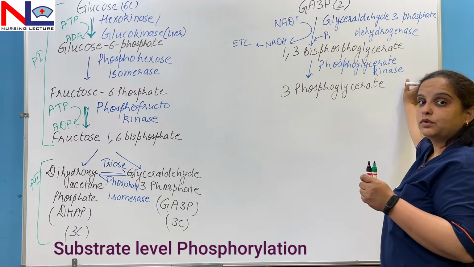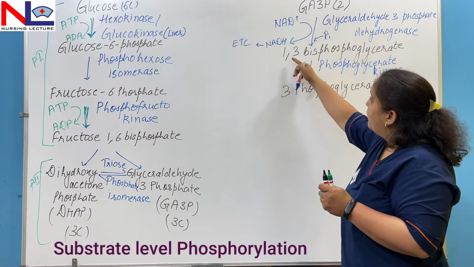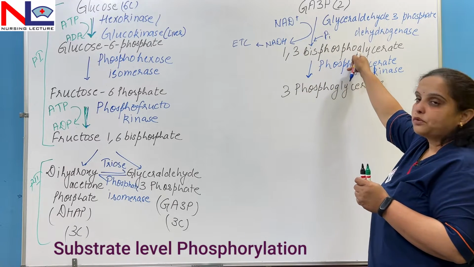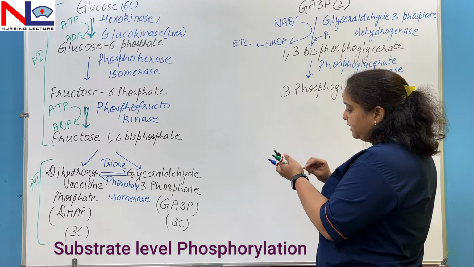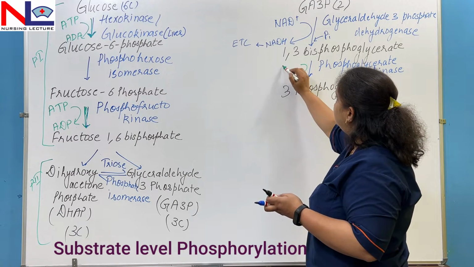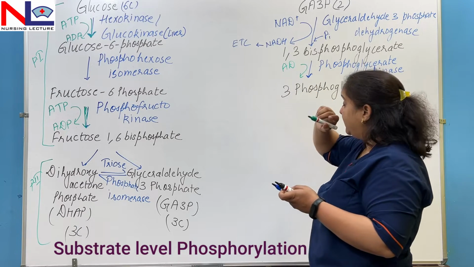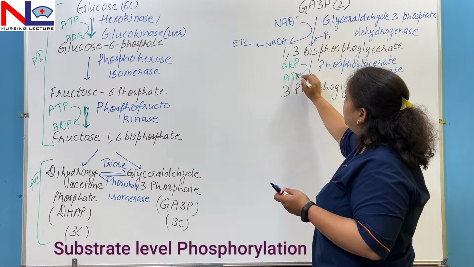But here the phosphorylation occurs at the substrate level. It means one phosphate group is donated from the substrate and added to the high energy molecule, that is ATP. So here adenosine diphosphate is converting into ATP.